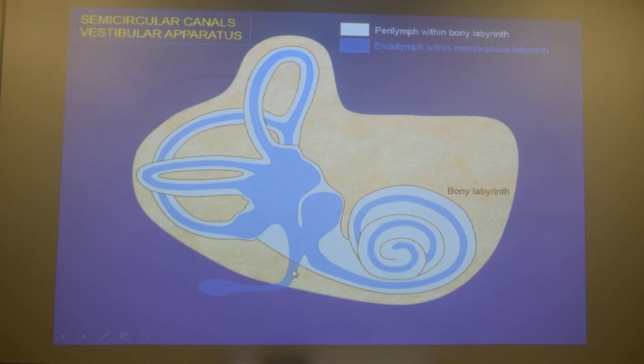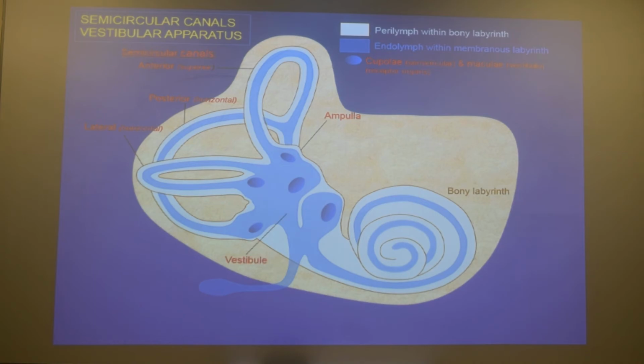This is the endolymphatic duct, which we are going to talk about later, and then you have the 3 semicircular canals. This is the anterior, this is the posterior semicircular canal, and this is the lateral semicircular canal. You can see the dilated portions of these semicircular canals. They are called the ampulla.